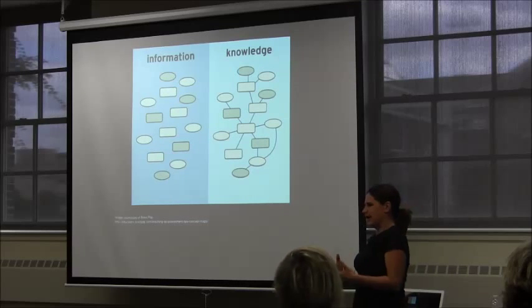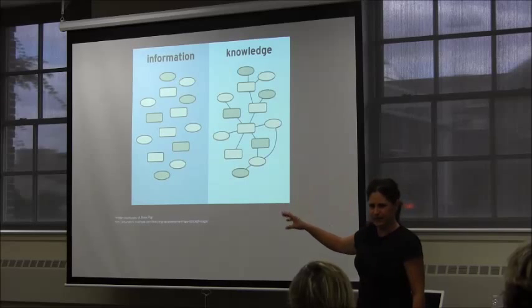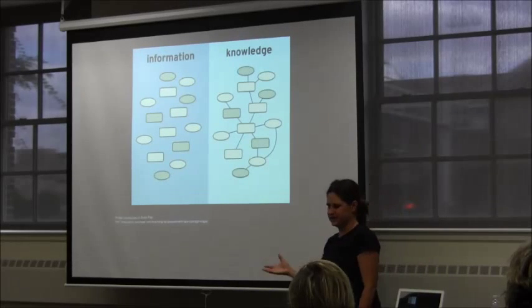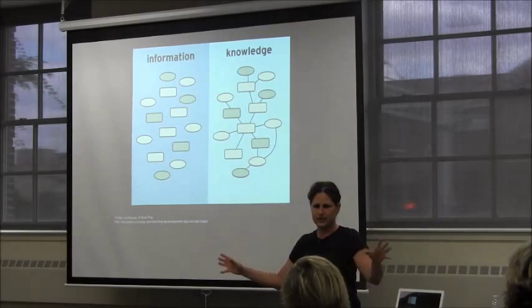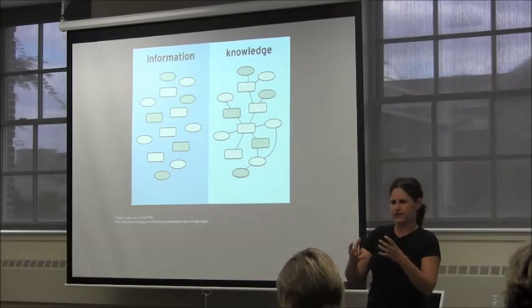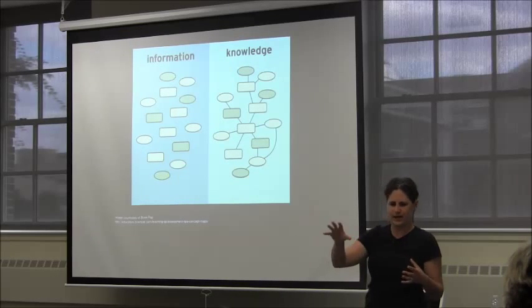So I spent a lot of time researching, how do we do that? I took my background in information science and my background in cognitive science, and I started looking and saying, how do we take what I understand about people's interactions with information and put that online in a way that makes sense?